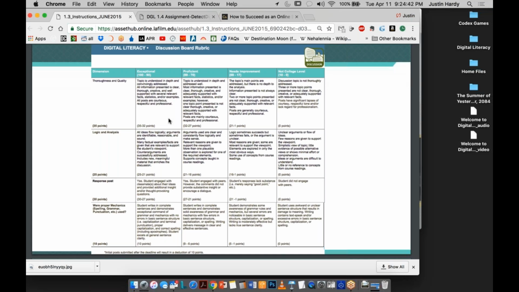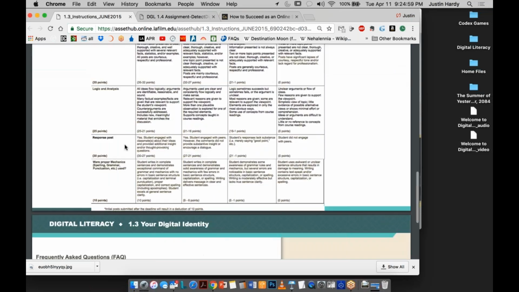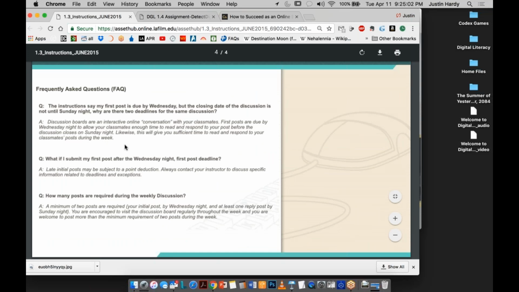So if you have any concerns or questions about where my work is falling, or how my discussion post is looking compared to everyone else's, just come in here and check out the rubric and use it as a checklist as you're typing so you hit all those marks that we're looking for.